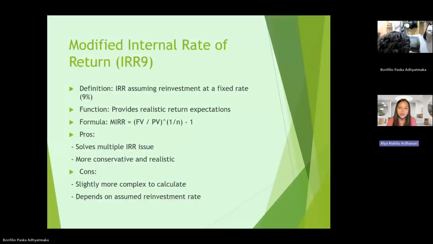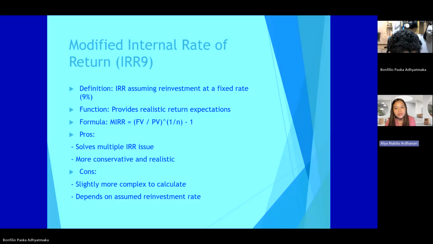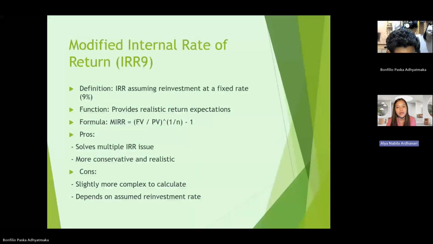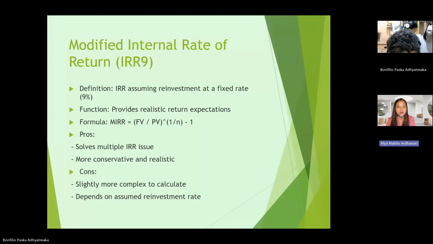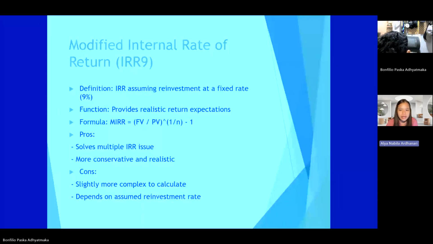The formula used is MIRR equals the nth root of the future value of inflows divided by the present value of outflows, minus 1. There are some clear advantages.